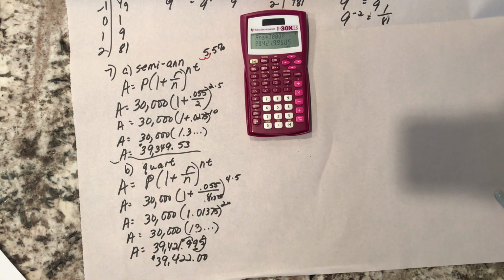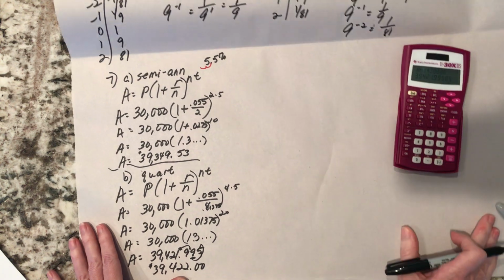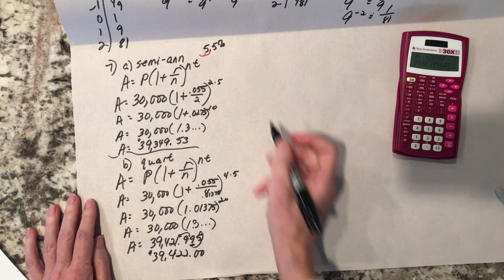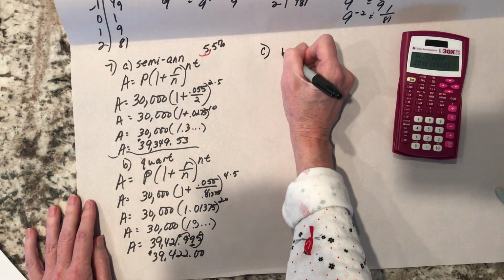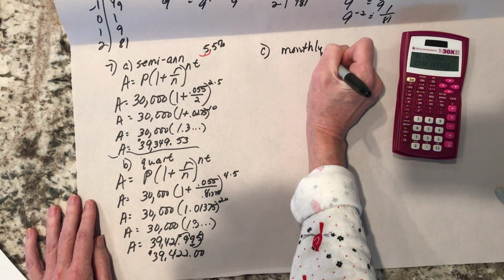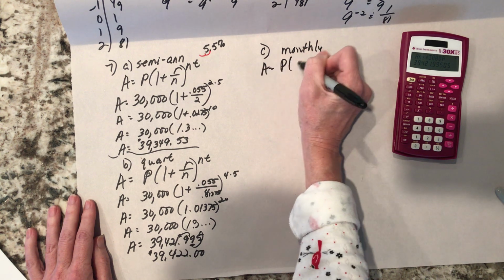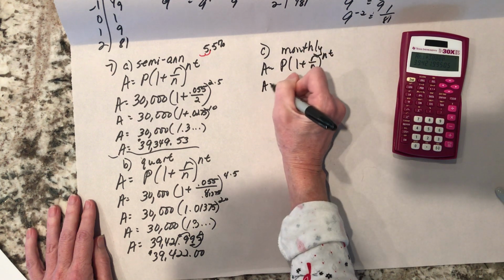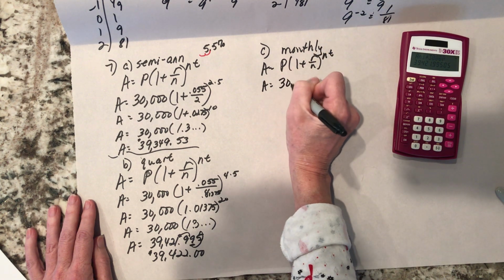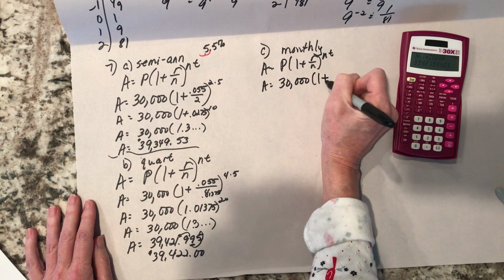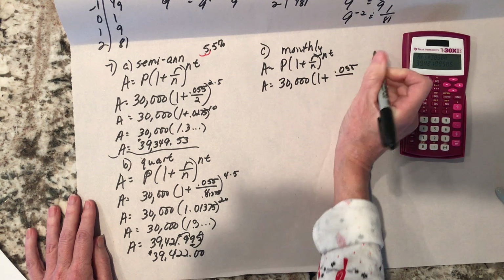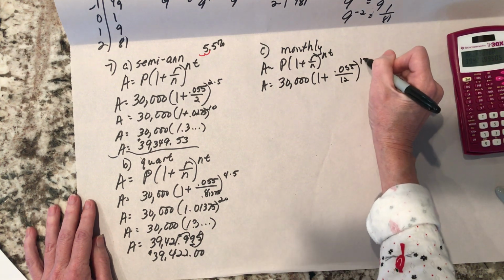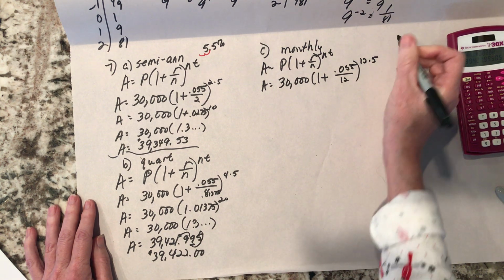Okay, let's look at C, which is compounded monthly. Same problem. Monthly tells us it's going to be compounded 12 times, 12 times 5 years.